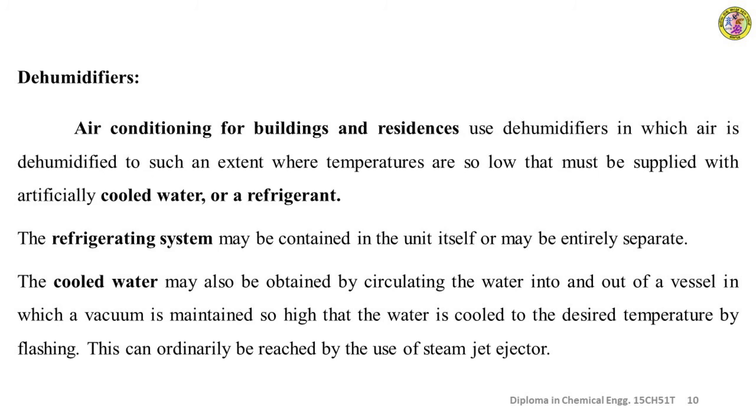In that case water is not a suitable medium to reduce the temperature of the air, so we can use the refrigerant that is circulated in the pipes or tubes over which the air passes.